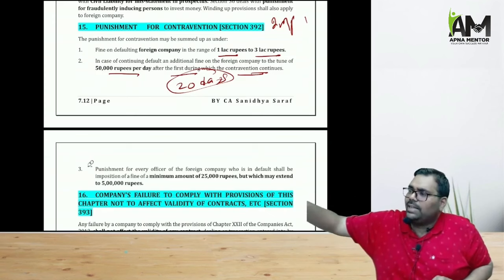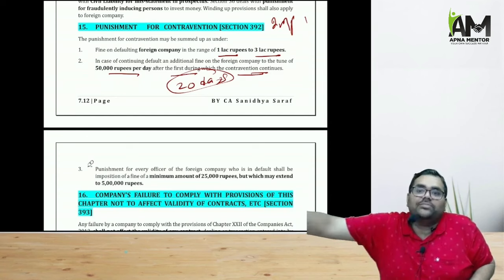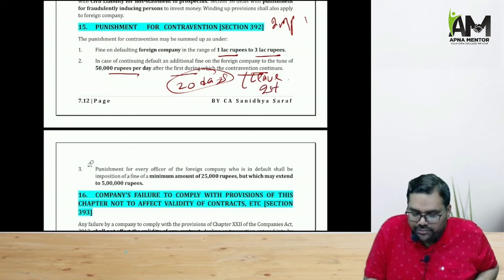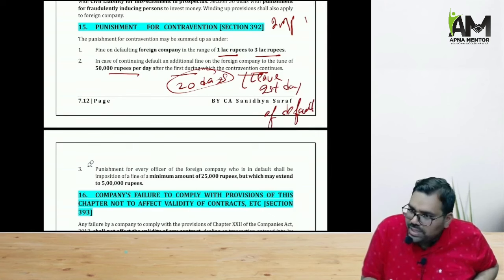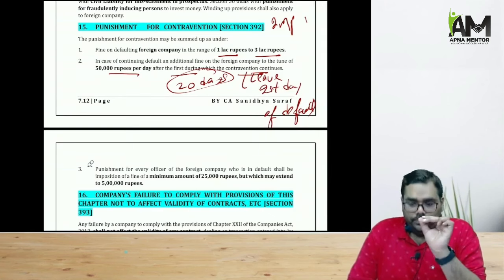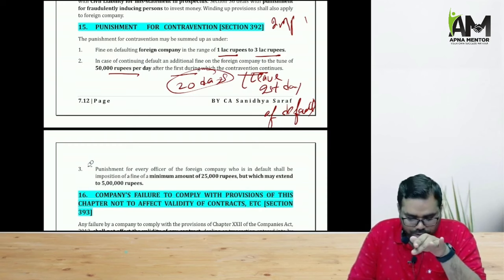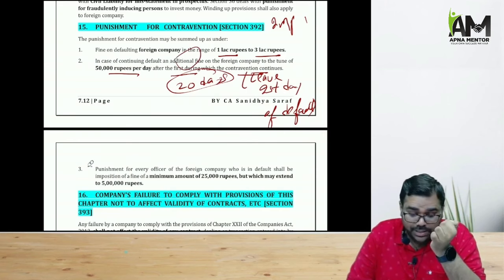But for the first day of the default, we will not levy. So leave the first day of default. So penalty will be levied only for 19 days. So in case of continuing default, an additional fine that may go up to 50,000 rupees per day after the first day during which the contravention continues. And do remember, it is an additional fine.